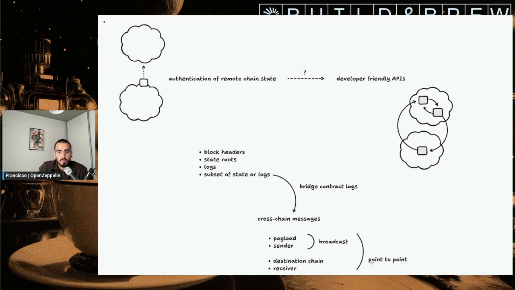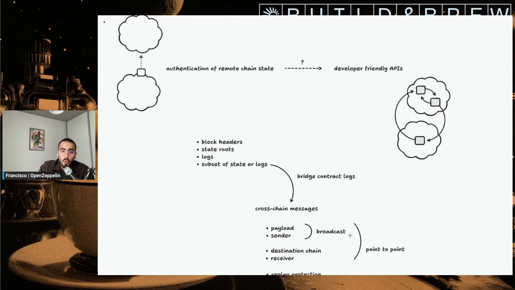And so we could call this a point-to-point messaging primitive. And this is starting to look a lot more like the kinds of protocols that we know about, like Hyperlane and Axelar. They have these basic sets of parameters because they're trying to replicate this experience that we have on the same chain in the cross-chain setting.